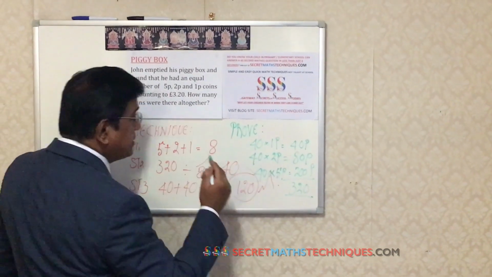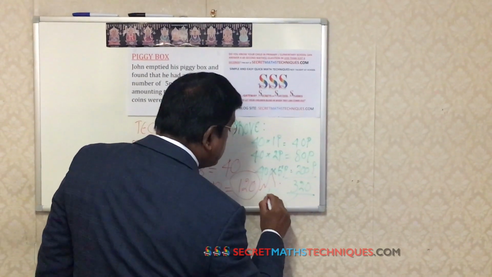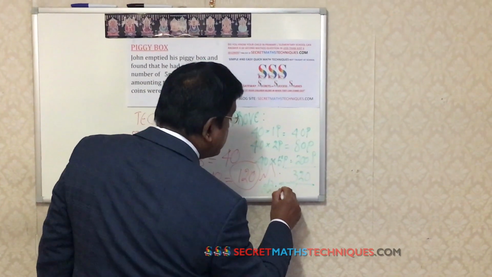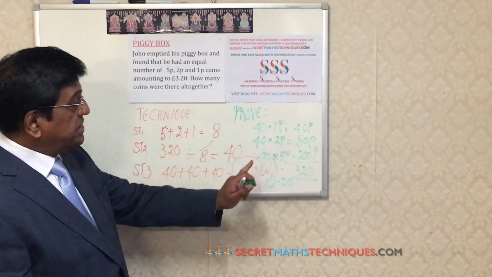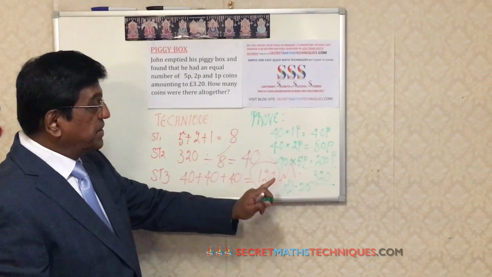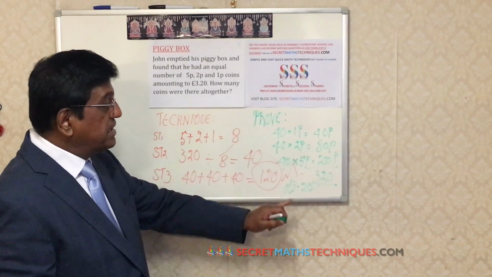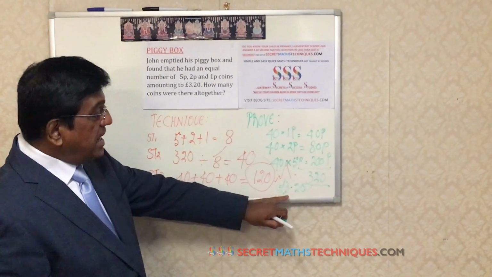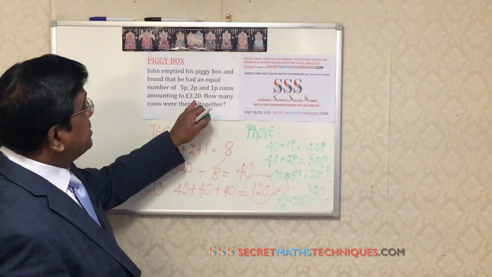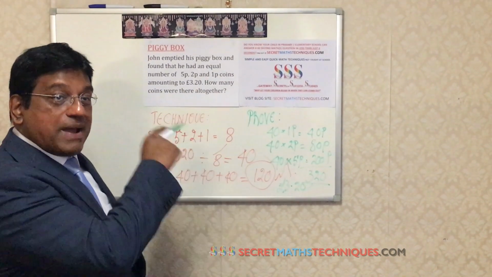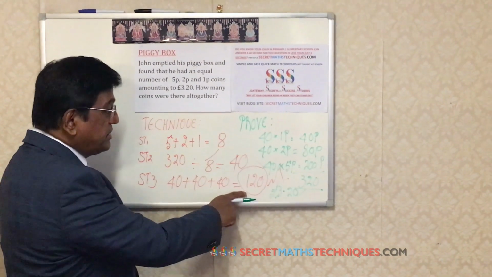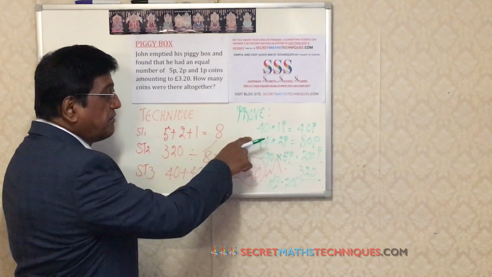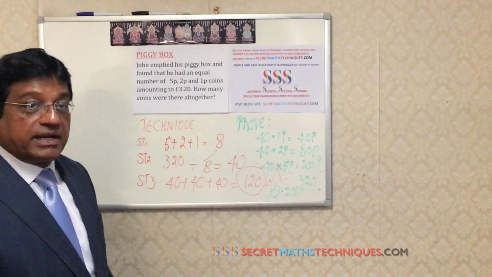Or it is equivalent to £3.20. Okay, all of you got this proof: 40p, 80p, 200p, 320 pence, and £3.20 is what you got in the question. So I proved it back to the question with the answer we got, 120, 40, 40, 40. You happy right now?